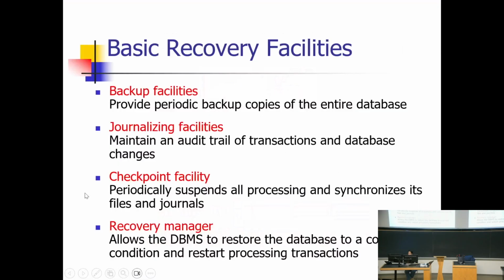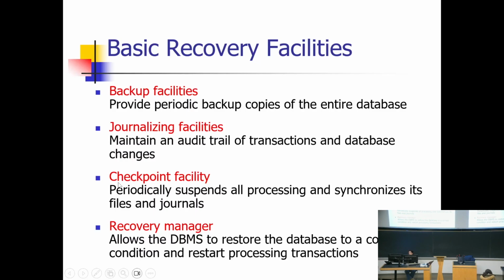And so we also talked about basic recovery facilities, summarizing the main tools that the DBMS can use to recover from failure, like backup facilities, which provide periodic backup copies. We also talked about journalizing facilities, which create an audit trail of every change, and they are essential for redoing and undoing transactions.